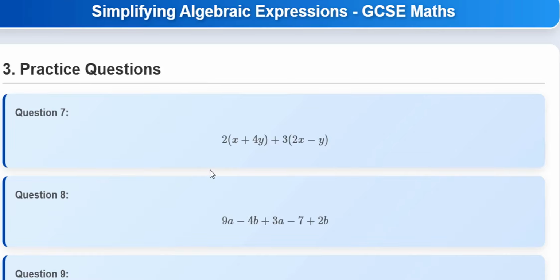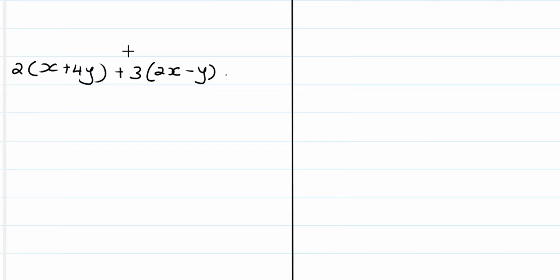Like, for example, let's try this question 7, where we say we have 2 into x plus 4y plus 3 into 2x minus y. So this question, we can divide it into 2 parts like this, where we have this left side and then the right side.